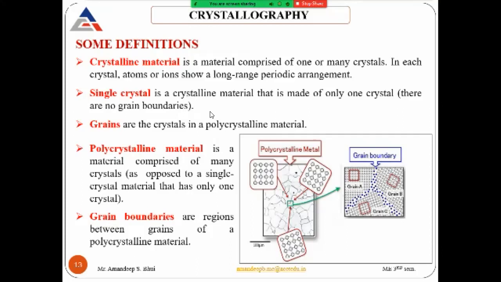Okay. So polycrystalline material is a material that is comprised of many crystals as opposed to a single crystal material, a monocrystal. Okay. And the grain boundaries are regions between grains of a polycrystalline material. So that is the difference between monocrystals and the grains and polycrystal materials and the grain boundaries.